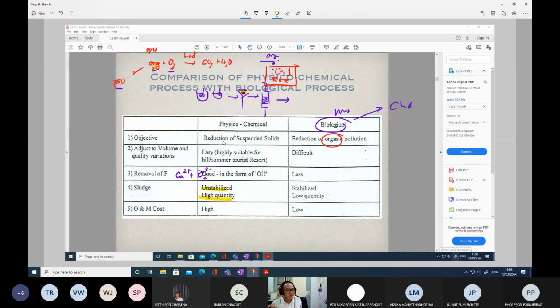That is why we have to spend money for alum and probably other coagulants, to be used as the substance to reduce the suspended particles, colloidal particles, sulfide particles.